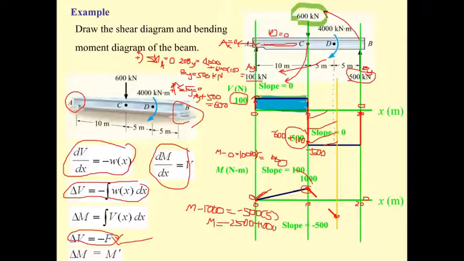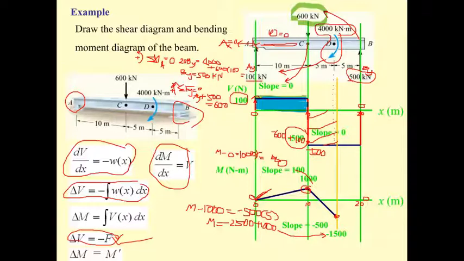So the result is going to be what? Minus 1,500 here.